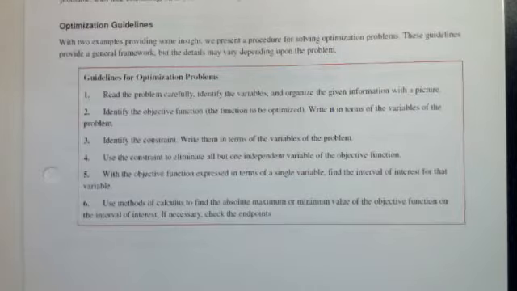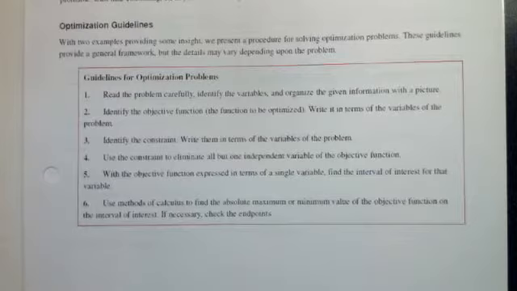Second, identify the objective function. That's going to be the function we're trying to optimize. I'm going to write it in terms of the variable of that problem. Then number three, you're going to identify the constraint, and in this case, you're going to write it in terms of the variable of the problem.